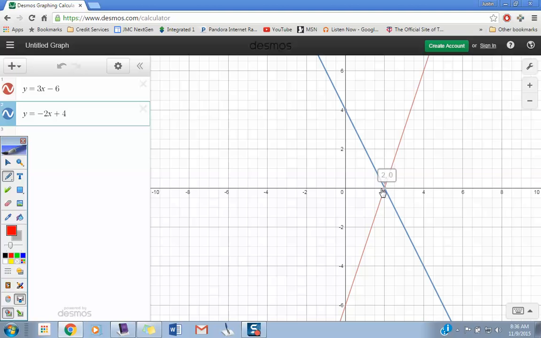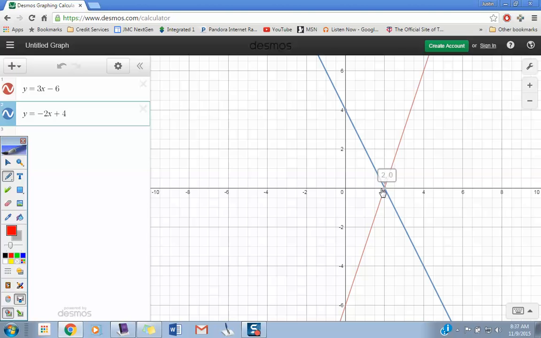If I had to ask you to describe what a solution looks like graphically for a system of linear equations, how would you describe that on the graph? What is the point 2 comma 0? What's happening at 2 comma 0, in other words? It's where they meet. It's the one point that's on each line.